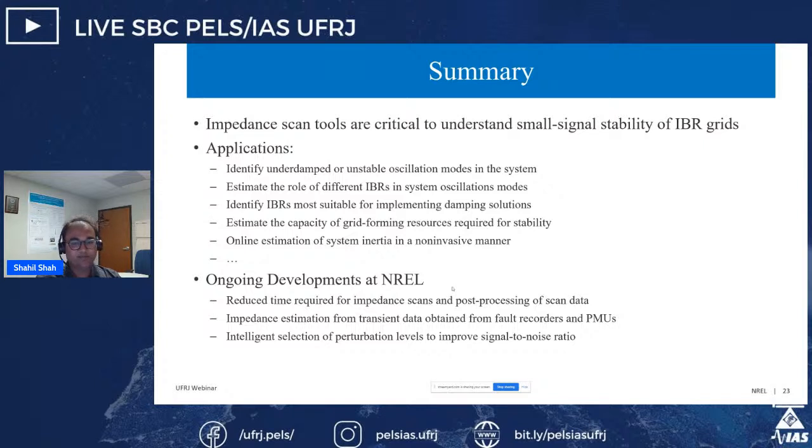So they are becoming more critical, and this is still a very new field. As I said, most developments have happened in the last 10 or 12 years in this field. So still we are figuring out how to apply these frequency scan tools to understand system stability.